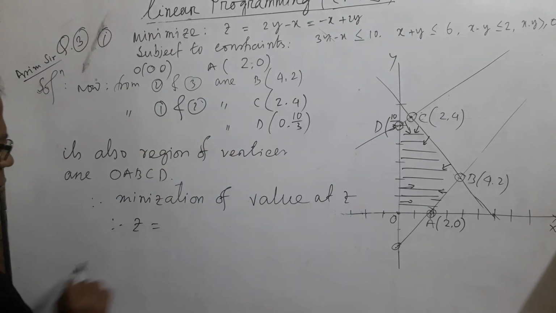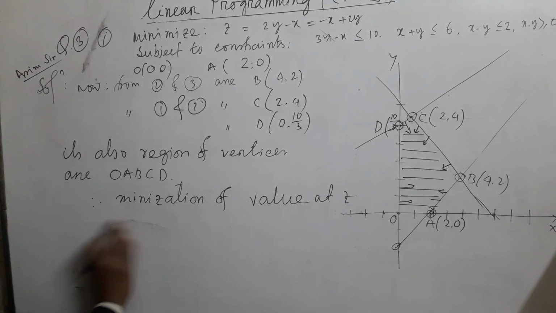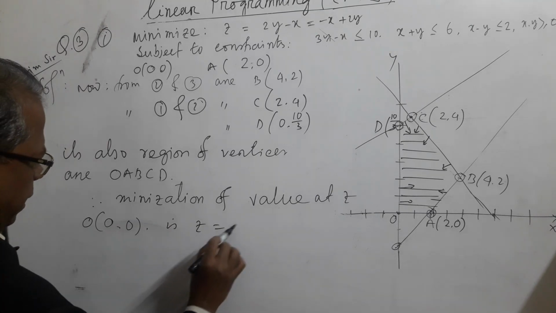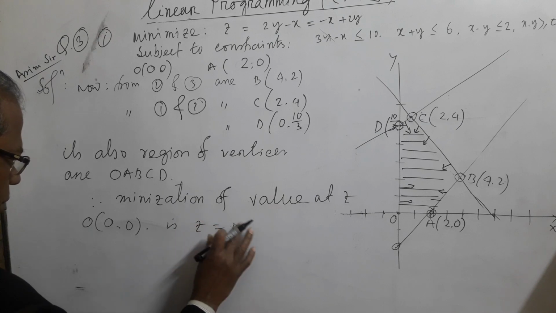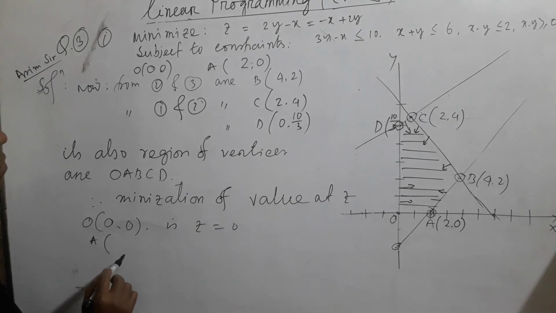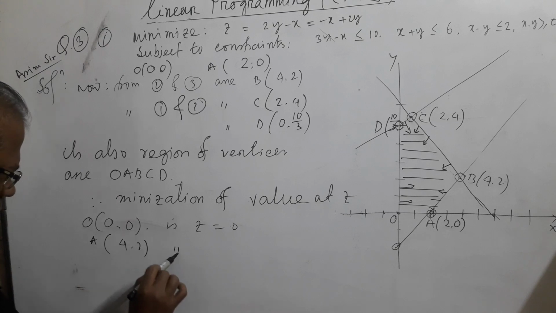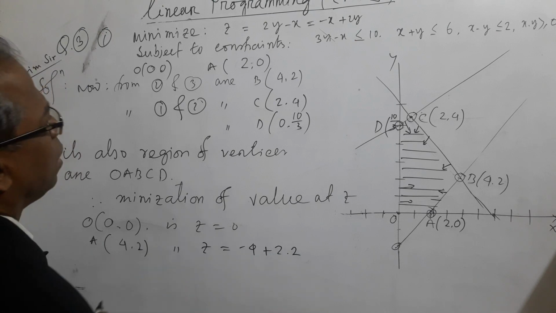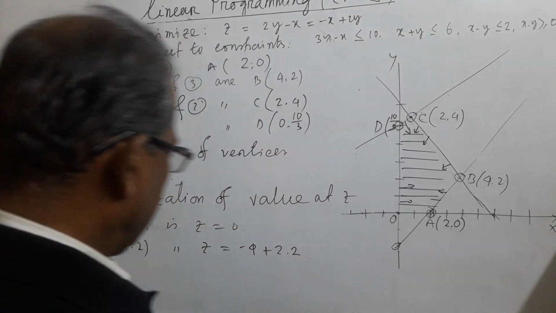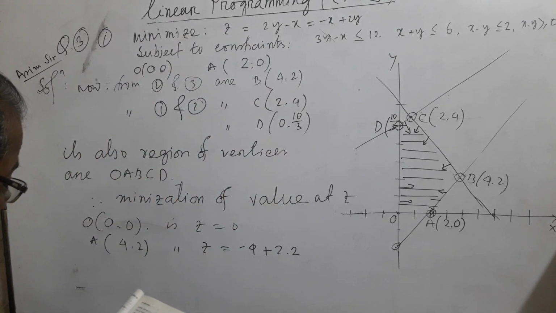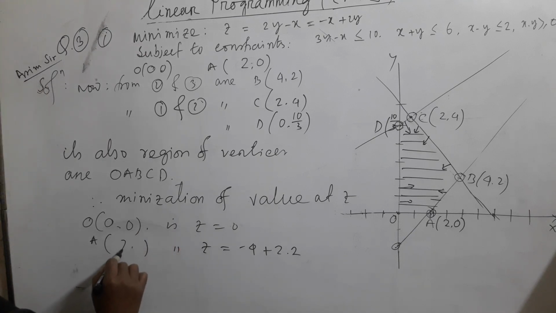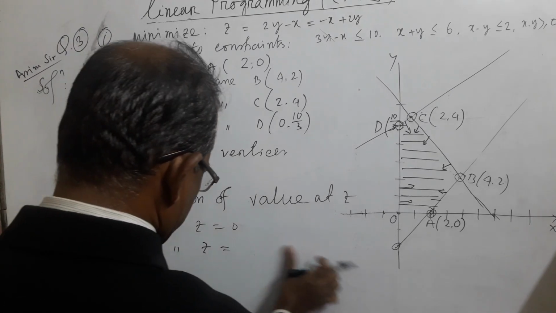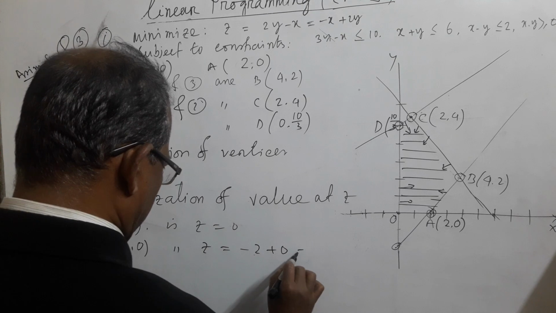At O, Z equal to 0. At A, 2, 0, Z equal to minus 2 plus 0, equal to minus 2.